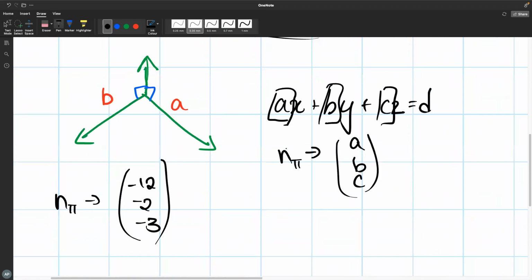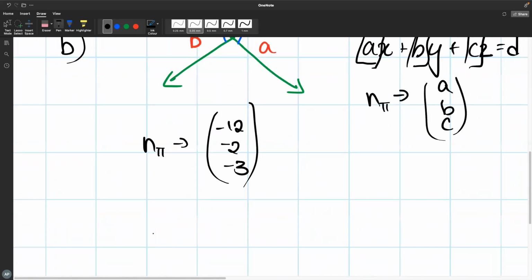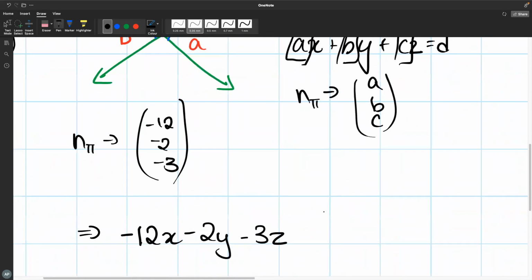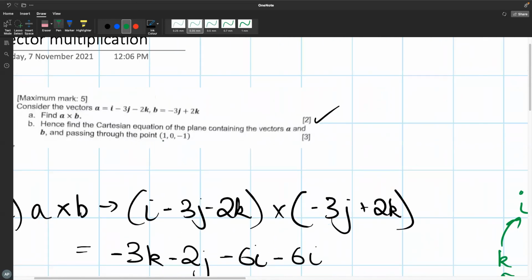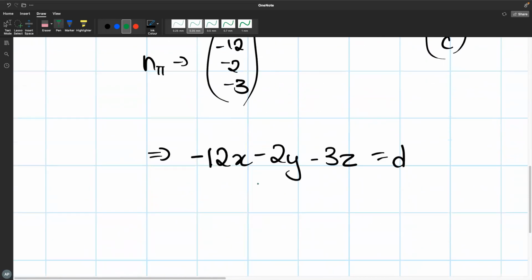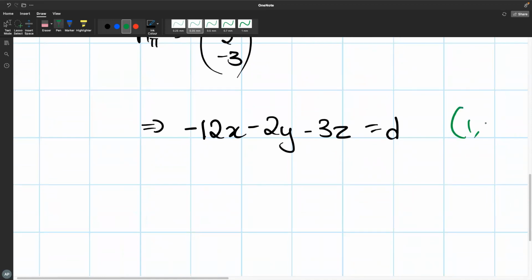Now let's try finding the complete Cartesian equation. So the equation will now be minus 12x minus 2y minus 3z is equal to d. We do still need to find d in this general equation, and to do that, we're going to make use of the coordinate that has been given to us, 1, 0, minus 1, which is in the x, y, z coordinate format.